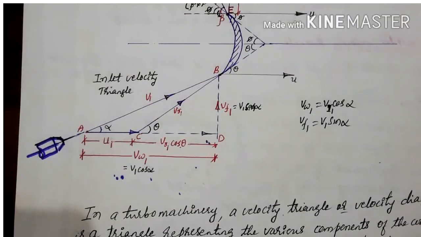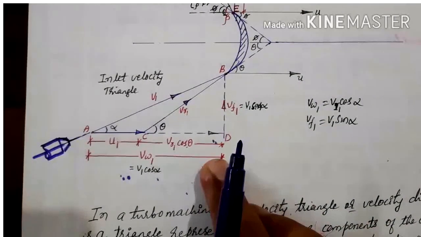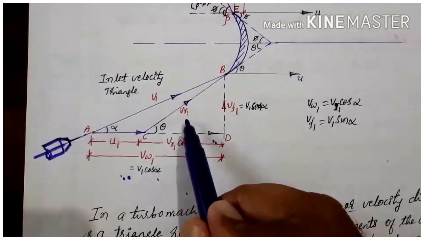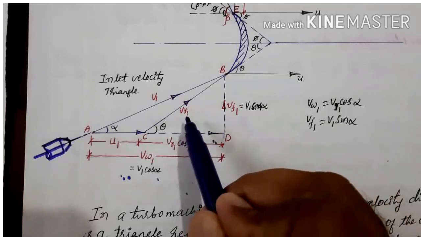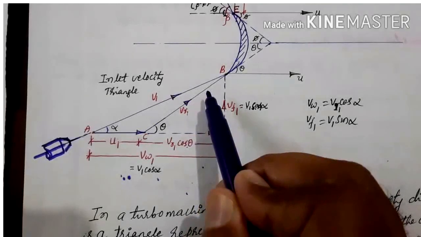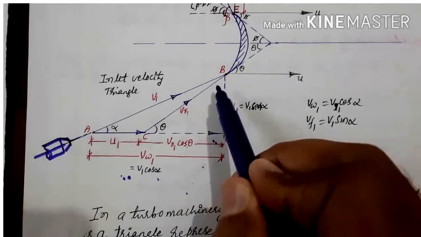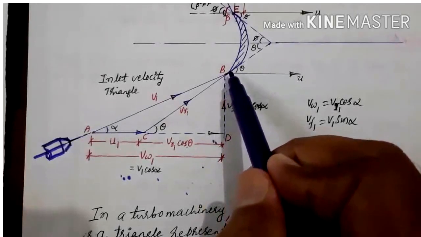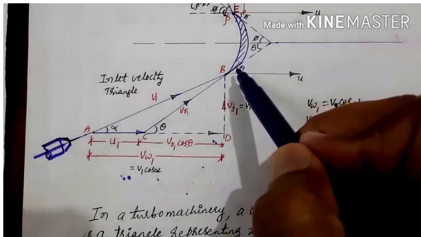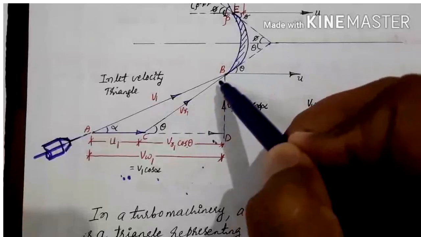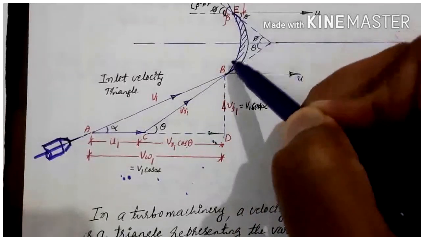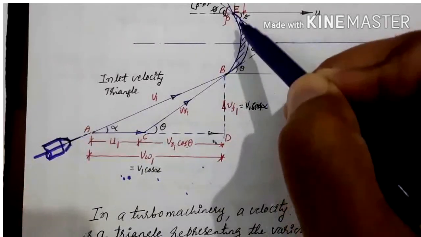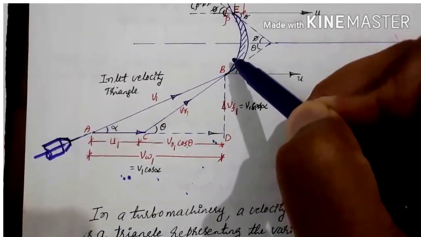Then from this diagram, as I said, vr1 is the relative velocity of the fluid. That means with this velocity it comes inside the blade passage and moves through the blade passage. As it moves with this velocity in the blade passage, there could be a frictional resistance.